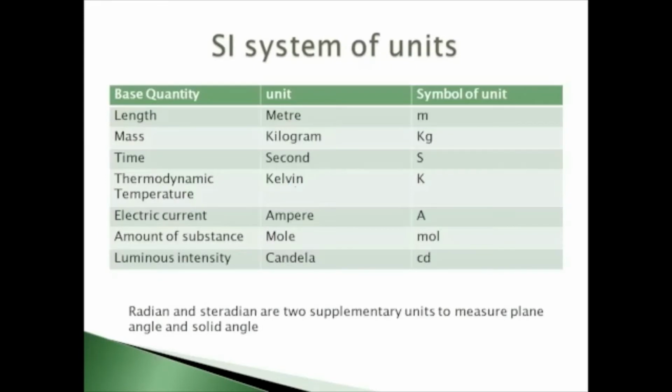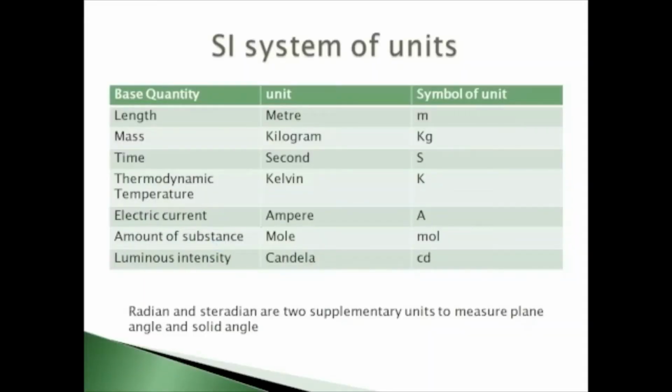As I have told you, there are 7 base quantities in SI units, and derived quantities also use these units. These 7 base quantities are length, mass, time, thermodynamic temperature, electric current, amount of substance, and luminous intensity.